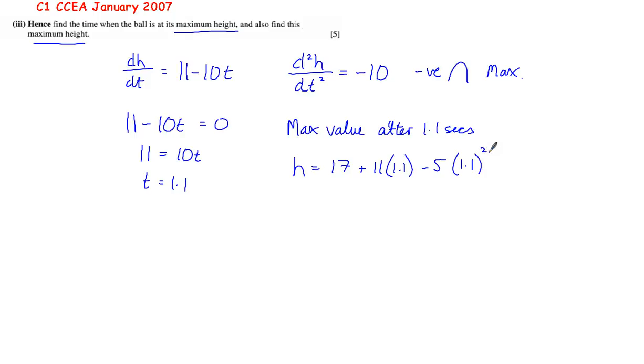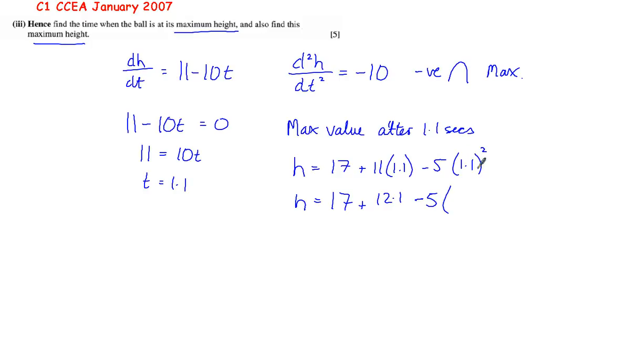Again, this is a non-calculator paper, so you need to look for wee ways of doing this. After the 17, that's 11 times 1.1. It's 11 times 11 divided by 10. And I know 11 11s are 121. So when I divide that by 10, I get 12.1. Likewise, this is minus 5 times, well, 11 11s are 121.